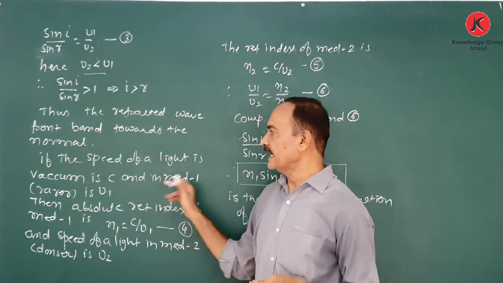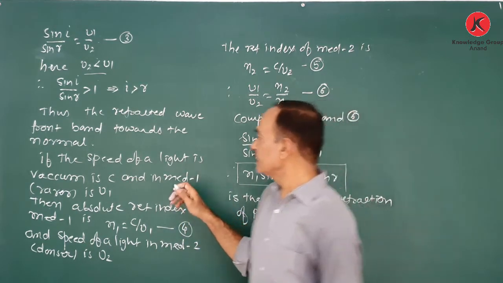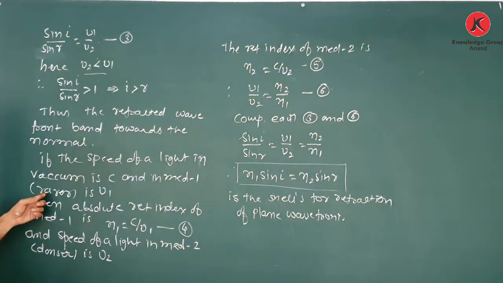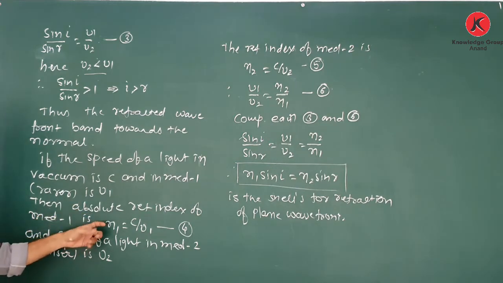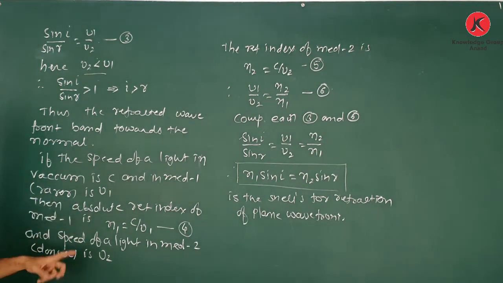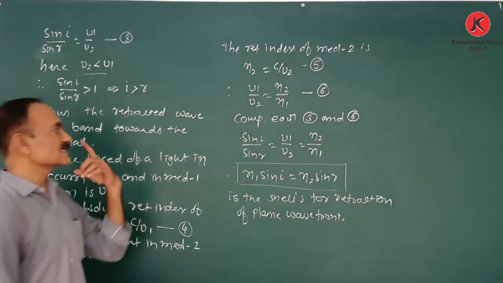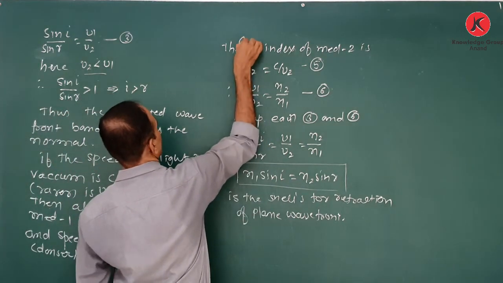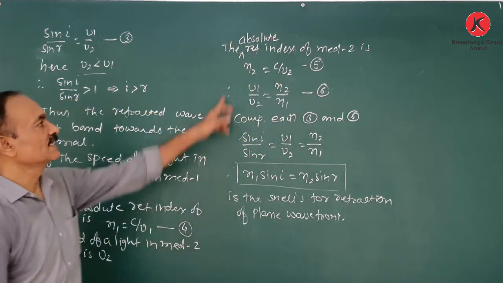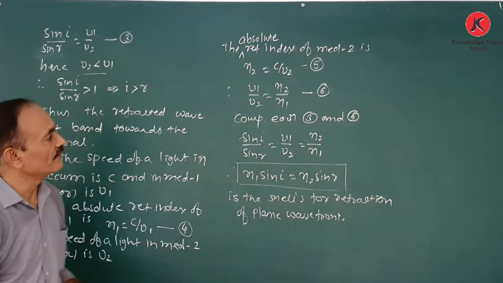If the speed of light in vacuum is C and in medium 1, that means in the rare medium, is V1, then the absolute refractive index of medium 1 is N1 is equal to C upon V1. Already we discussed this in ray optics. And the speed of light in medium 2 is V2. That means in the denser medium, the absolute refractive index of medium 2 is N2 is equal to C upon V2.